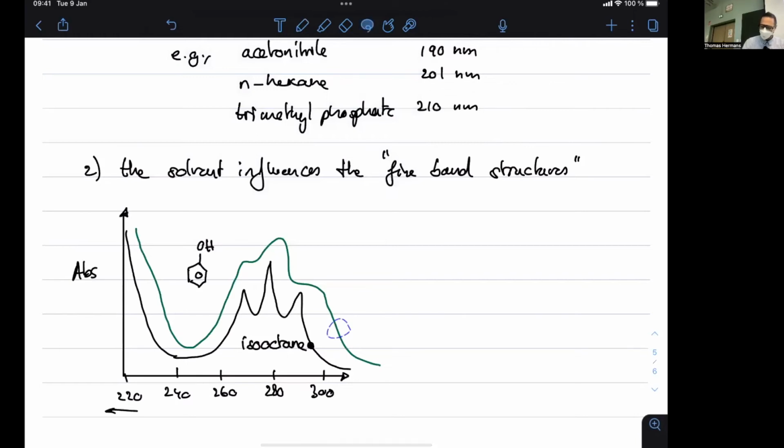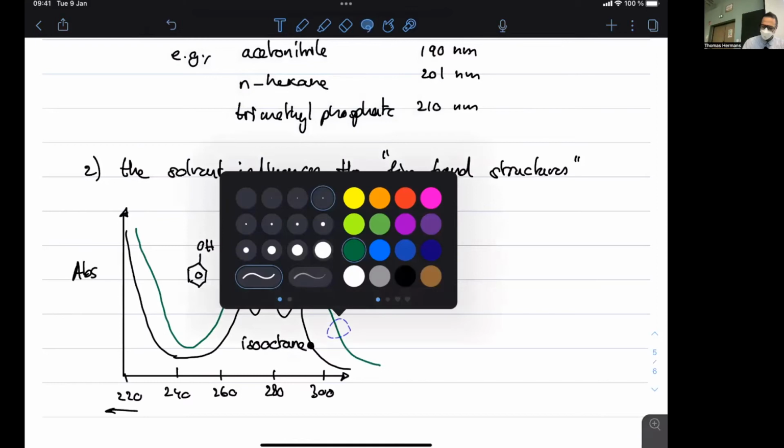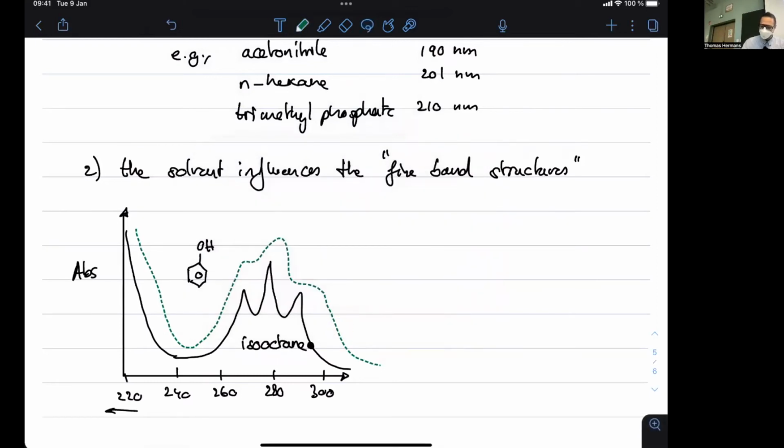Okay, let's make it dashed. Ethanol is a polar solvent, right? And it can do hydrogen bonding.